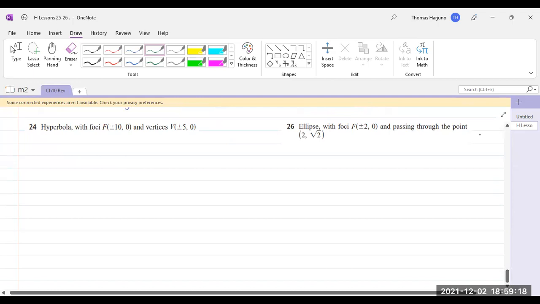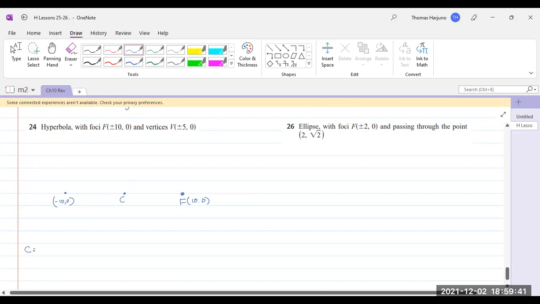Now we have a hyperbola, number 24. The foci are ±10, 0, so (10, 0) and (-10, 0). By the way, then the center of that hyperbola must be the origin.